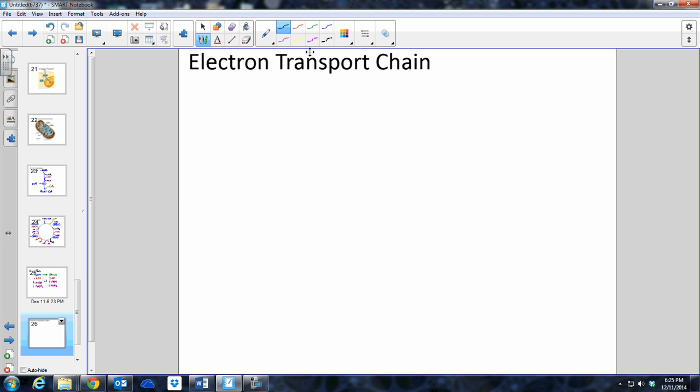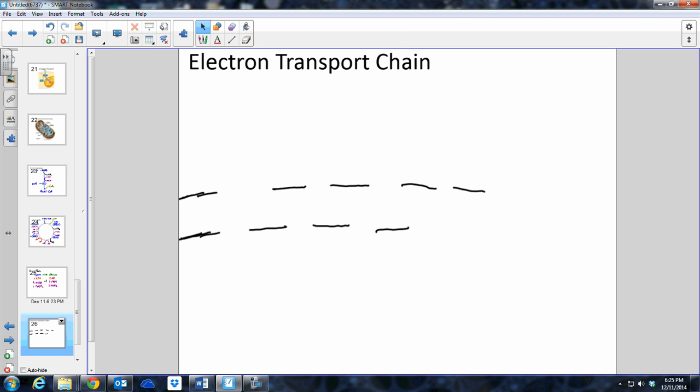So in our electron transport chain, what I'm drawing here is the inner membrane of the mitochondria. Remember, the mitochondria has 2 membranes, and on this membrane there are several proton pumps. I bet I could make more room in between my proton pumps.